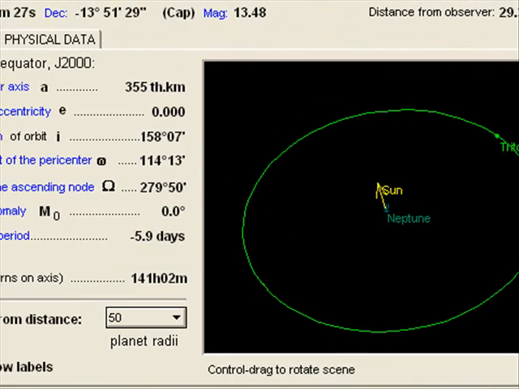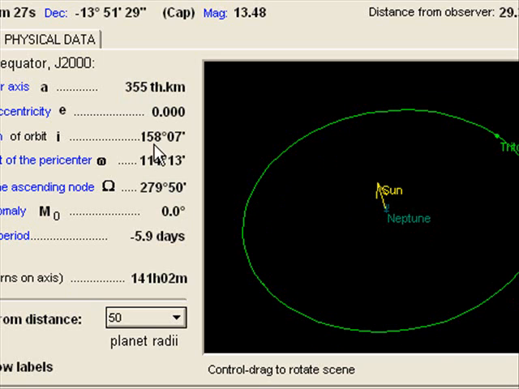And when we click on Triton here and pull up the information right there, then we can see that my 283,000 kilometers is quite a bit off from the true 355,000 kilometers. Well, the reason is that Triton's orbit is not face on as we may envision it, but lies at an angle of 158 degrees.